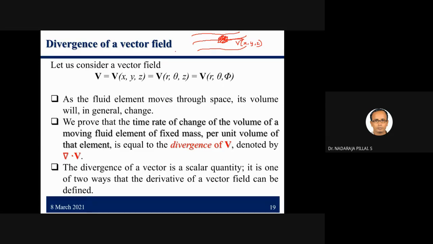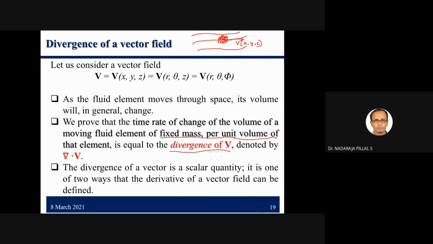So, we would like to prove that the time rate of change of volume of a moving fluid element of fixed mass per unit volume of that element is equal to divergence. Now you understand the mathematical point of studying aerodynamics, because the divergence of the velocity can represent the time rate of change of volume of a fluid element of fixed mass per unit volume of that element.